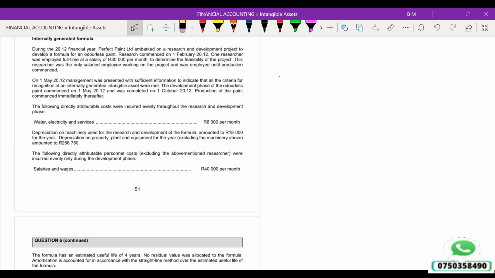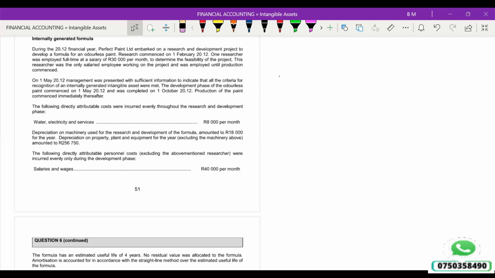So you need to determine how many months were in the research and how many months were in the development. Depreciation on machinery used for the research and development for the permit amounted to 18,000 for the year. So this depreciation is for the year. So you need now to see how many months did we use it for research and how many months did we use the machinery for development so that you can attribute the cost accordingly.